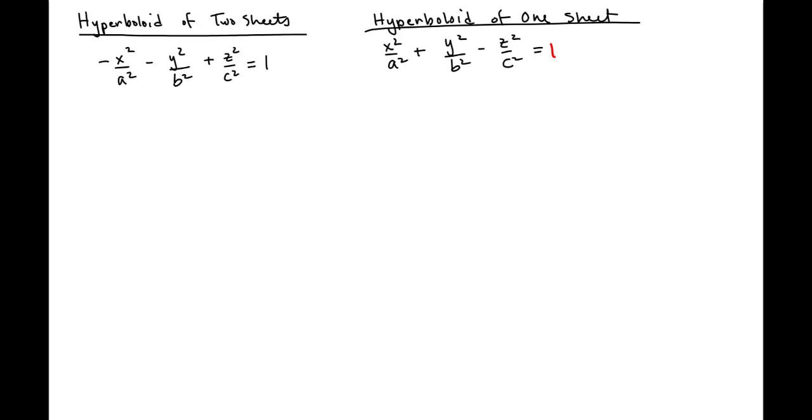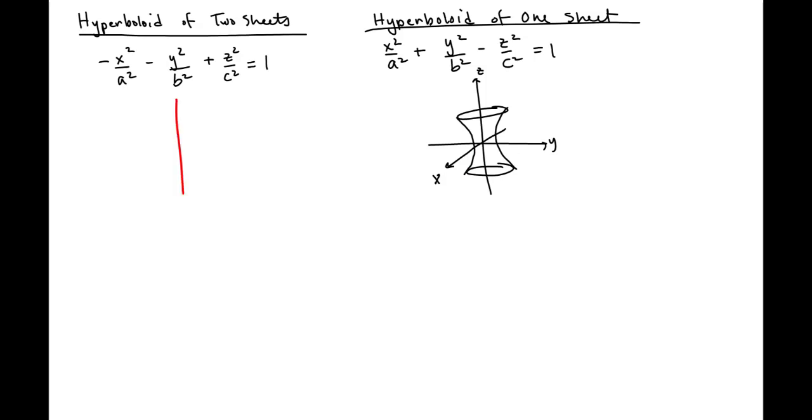Now, these two equations would describe different surfaces, but each of these surfaces would have a central axis that is parallel to the z-axis. So the hyperboloid of one sheet, as we've seen, is going to be a surface that looks roughly like this. Kind of looks like cooling towers of a nuclear power station.